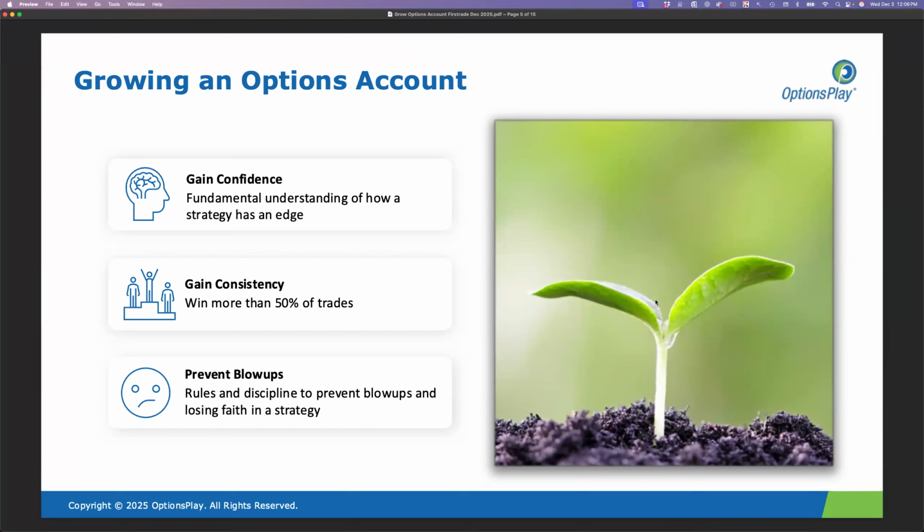So let's first take a step back and look at, what does it take to grow an options account? There are a couple of things that I feel are central to helping investors who are struggling with trading or struggling with consistently growing their account to reach the goals that they have. Number one, the first thing you want to be able to do is gain confidence.